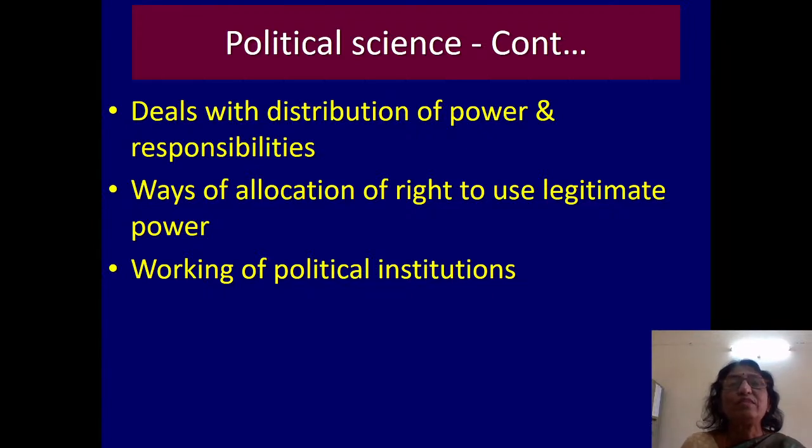So whenever there are elections, we want to see that ultimately it's not only the power of the political party, but it is also their responsibility to take care of the people who are living in the country by allocating the right resources for the right people, and even working with the political institutions.